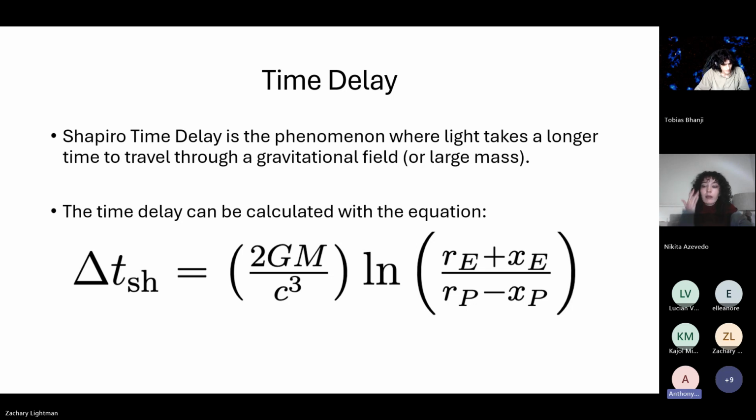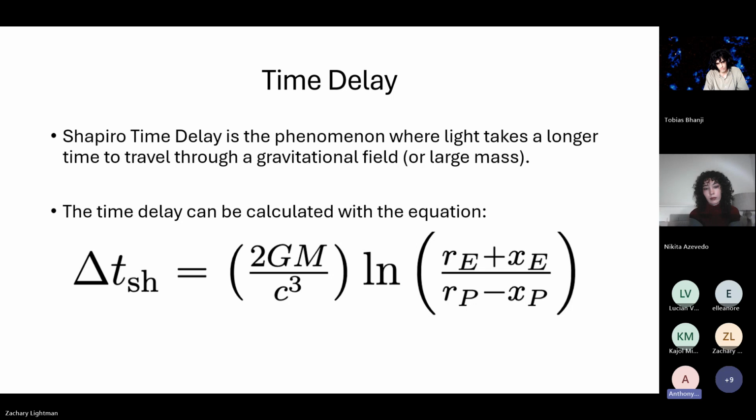So moving on to my part of our research. The first thing that I looked into was time delay, which is where it actually takes longer for light to travel because of a large mass or gravitational field. The time delay can be calculated with this equation down here.